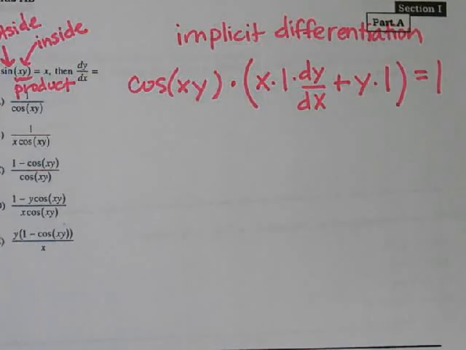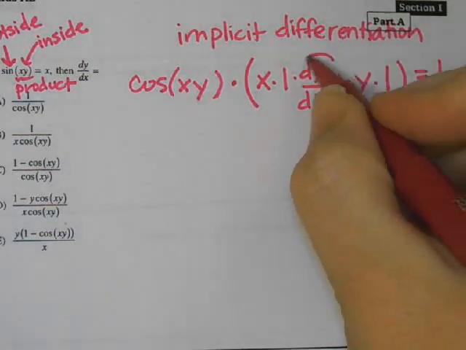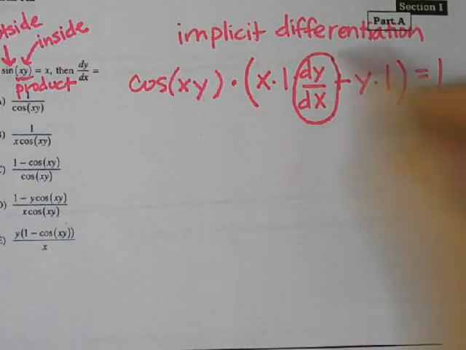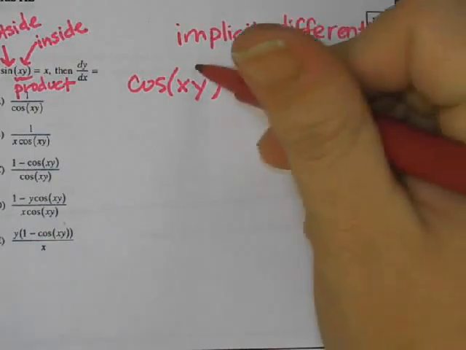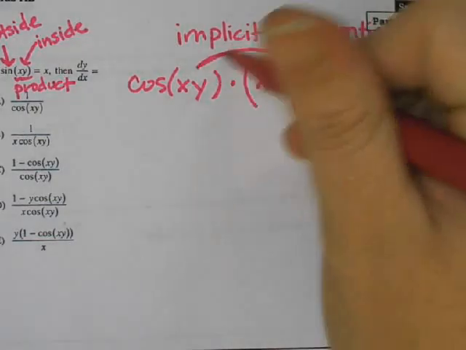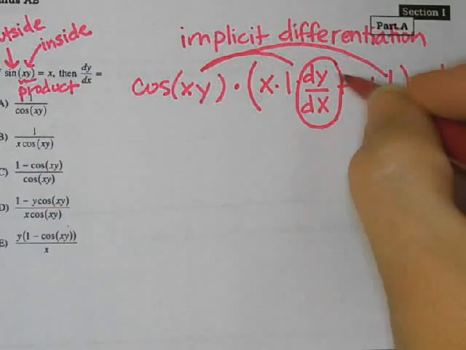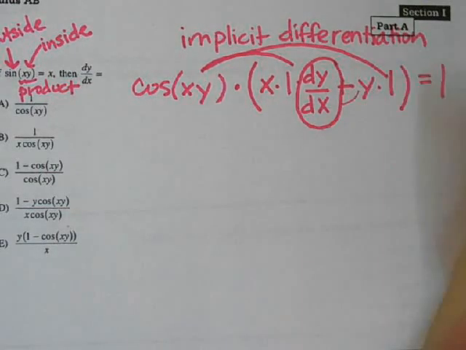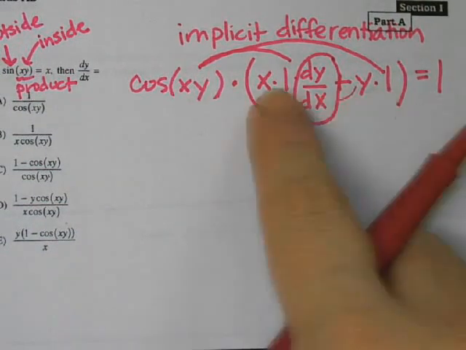So we're going to have x cosine xy dy dx plus y cosine xy equals 1. We have x times 1 times the cosine of xy, so that'd be x cosine xy dy dx, plus y times 1 is y, cosine xy equals 1.